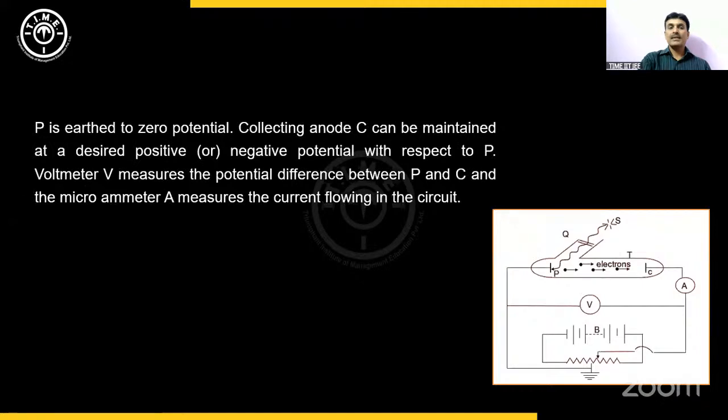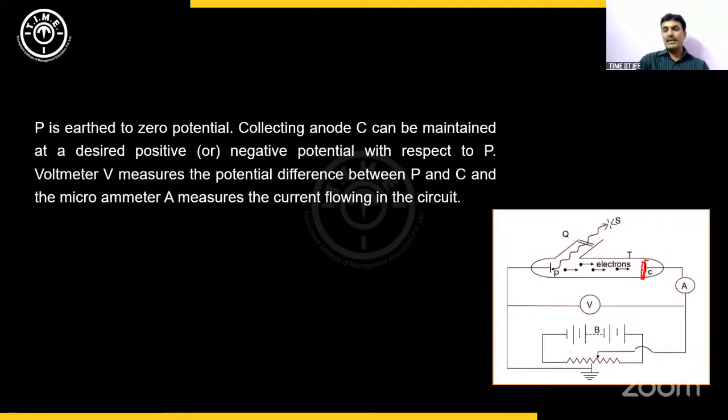Now, let us check the experimental observations of this photoelectric effect. The metal plate P is earthed to zero potential. P is connected here; this is the earth connection. So its potential can be maintained at 0. Relative to the plate P, the collecting anode can be maintained at a desired potential, either positive or negative.